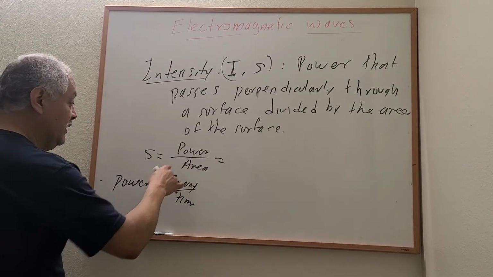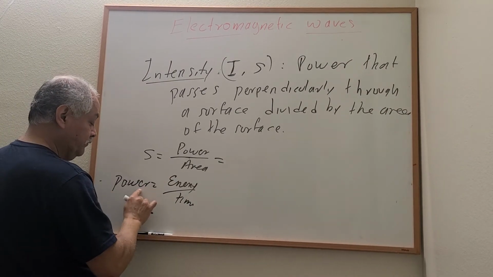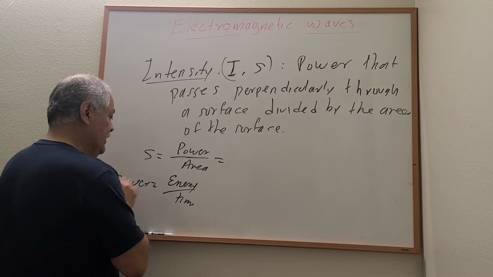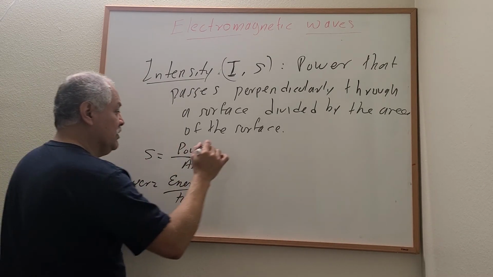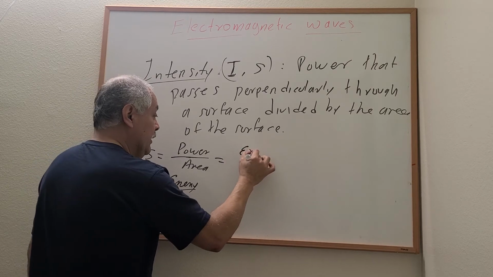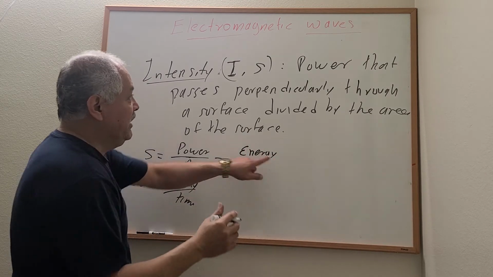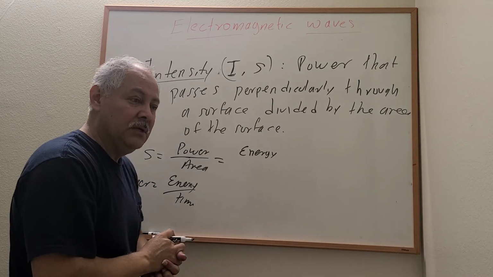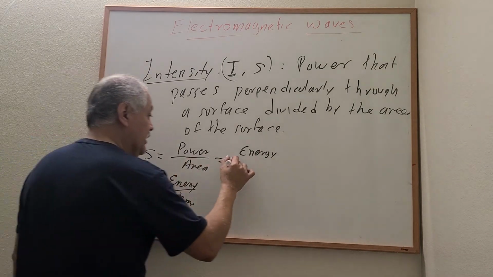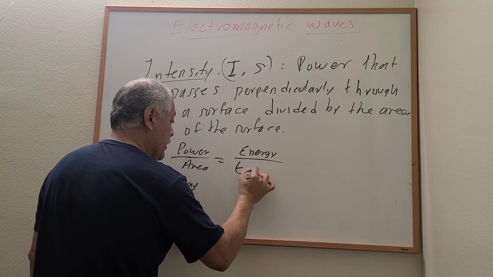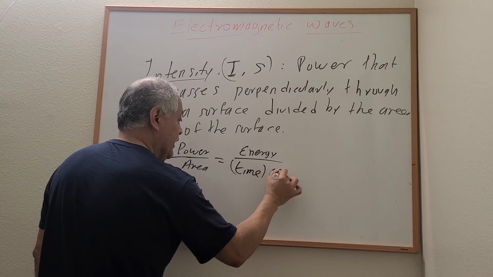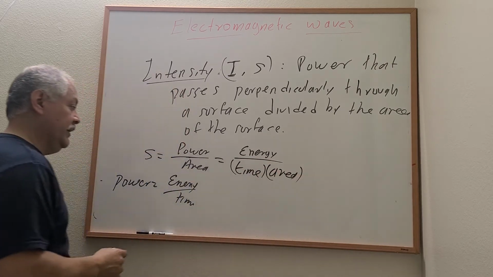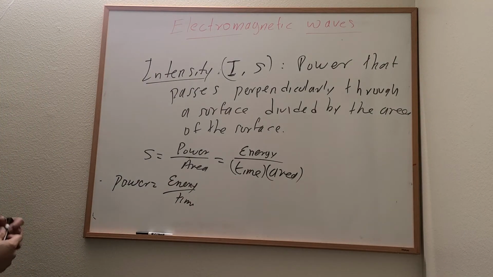So when we involve this definition right here, what do we have then? The intensity is equal to energy, remember I dealt with energy before, energy stored per unit volume, divided by time times area. Correct.